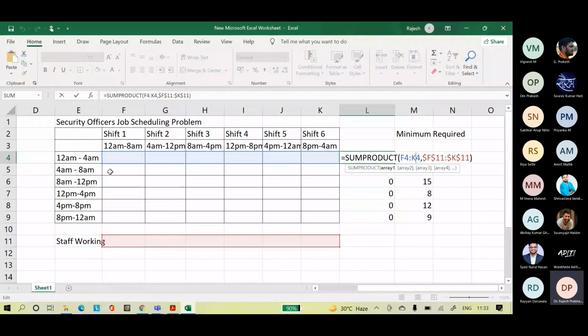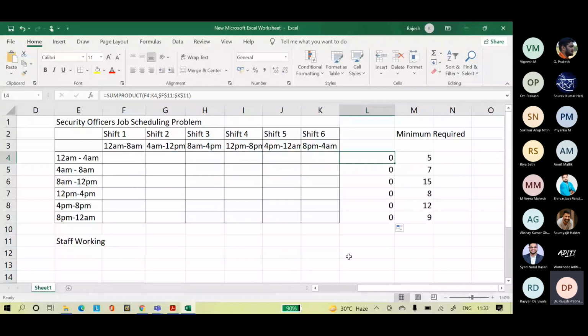So multiplication of row with the fixed row, sum product of the first row, all shifts put together, comma, the cells of minimum staff working per shift. Got it? Yes, sir, got it.